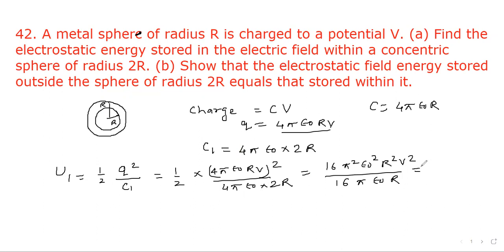So we will get pi epsilon naught r times V square. So this is energy stored in the sphere of radius 2r.